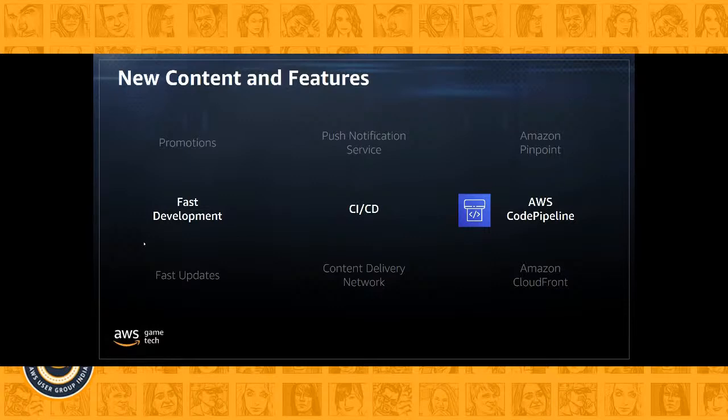Definitely being able to cache content for fast updates, speed up release cycles, as well as create downloadable content. AWS CodePipeline, again, is a managed service that allows you to do so, and definitely make sure that you are getting that information out there as quickly as possible, but also as optimized as possible.